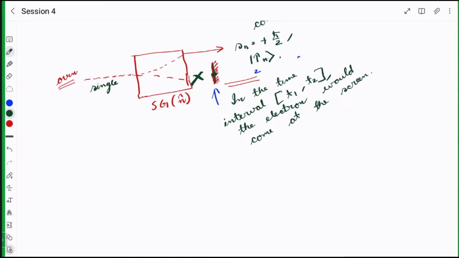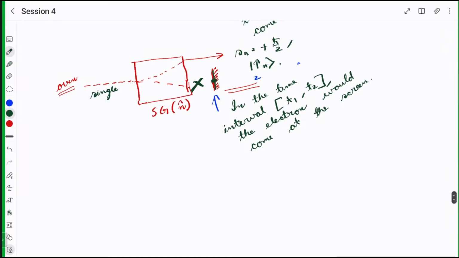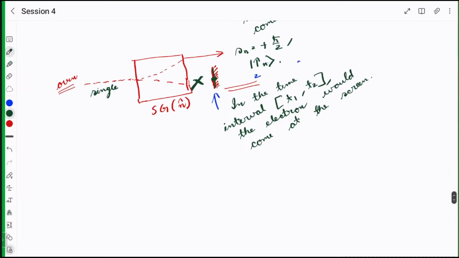suppose this was with single electrons. Now, if I take multiple electrons, for example, let's say I have got 100 electrons here. Then let's assume that if it is coming from the oven, then they're all randomly oriented, right?